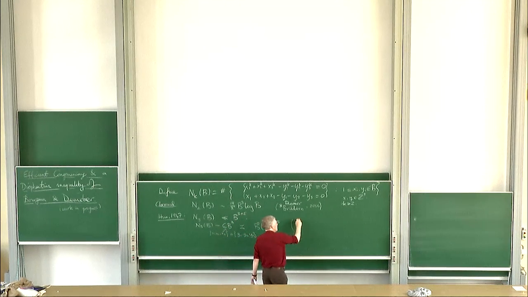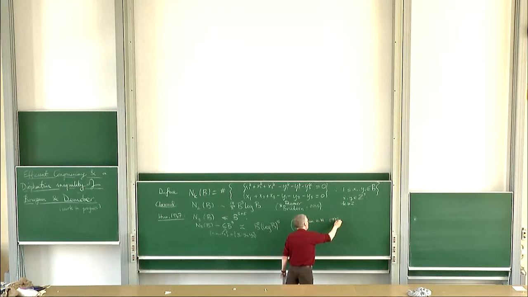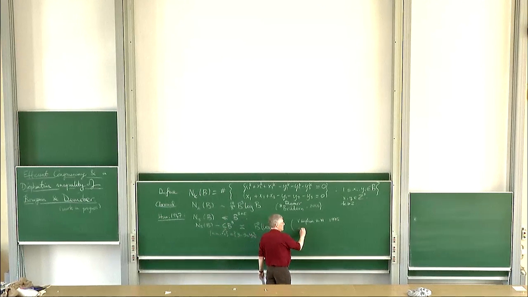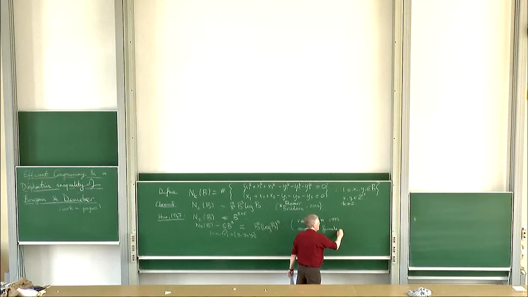That's something that Vaughan and myself proved in 1995. Well, it got published in 1995. And then, rather spectacularly, there's even an asymptotic formula for this secondary term, which has been proved more recently by de la Bretèche.